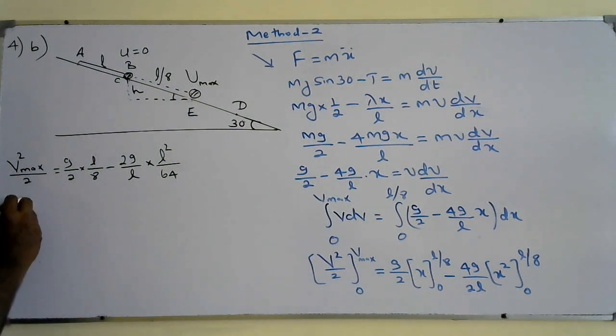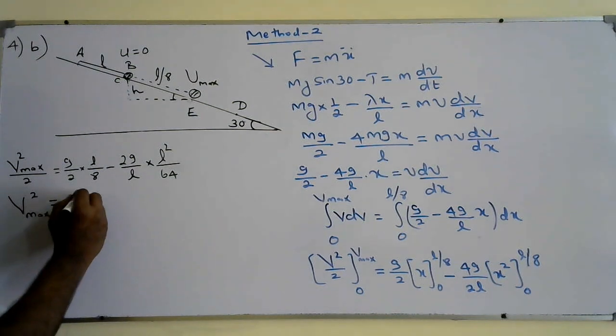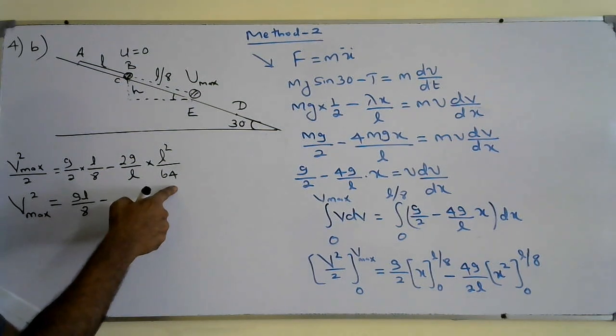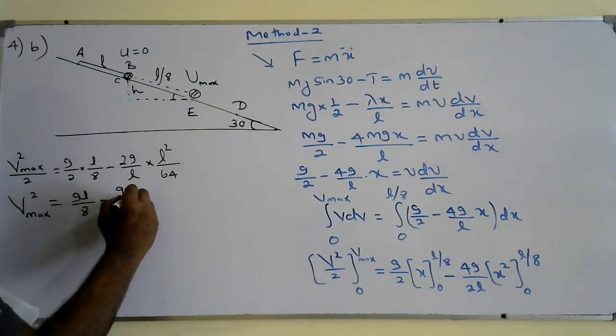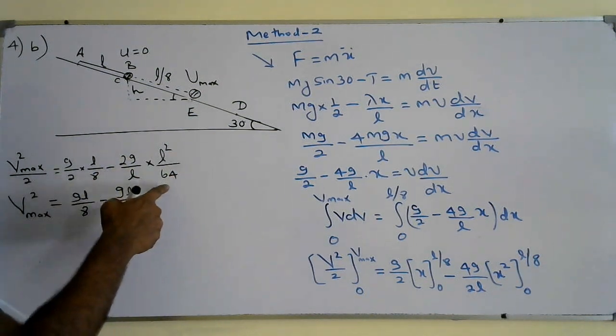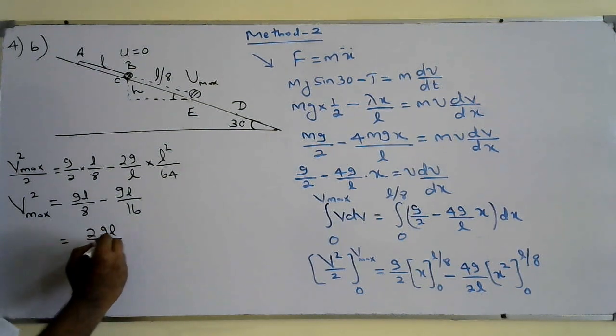Multiplying the whole equation by 2, V max squared is GL over 8 minus GL over 32, which is 2 GL over 16.